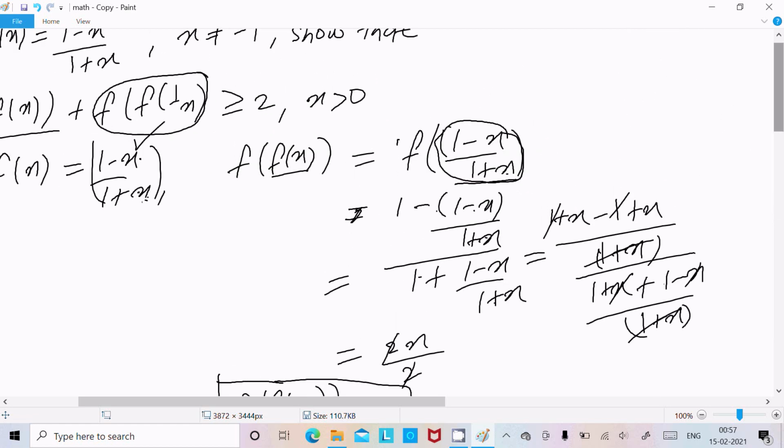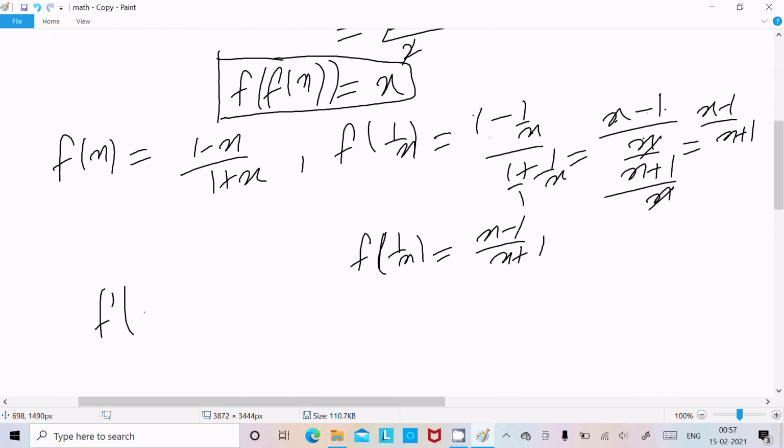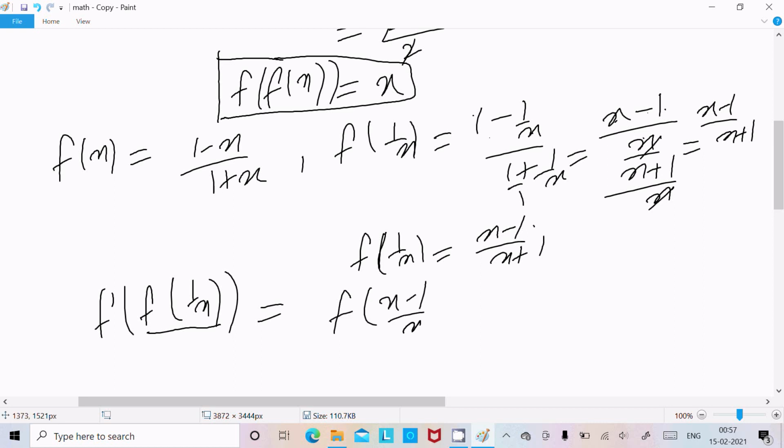So next, the next thing: f of f of 1 by x. In this place we need to write (x minus 1) by (x plus 1). Now after that, f of x is given as (1 minus x) by (1 plus x).